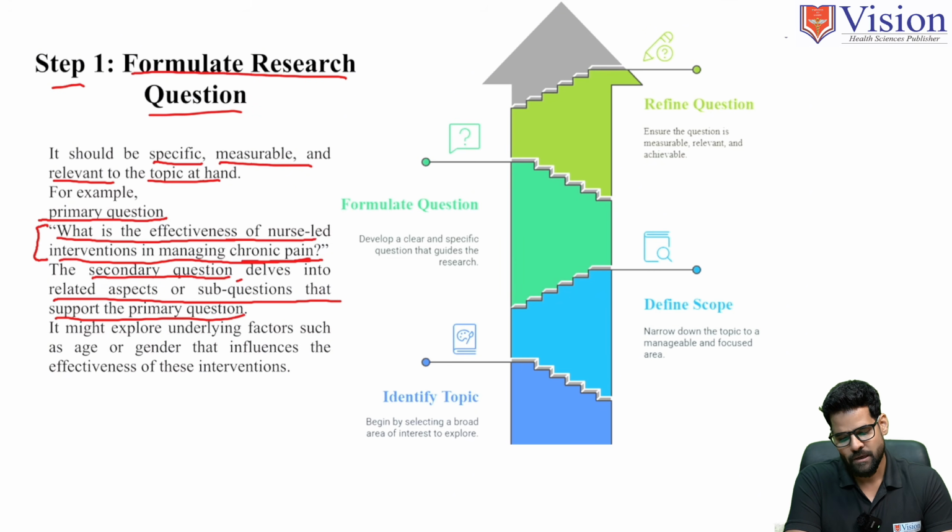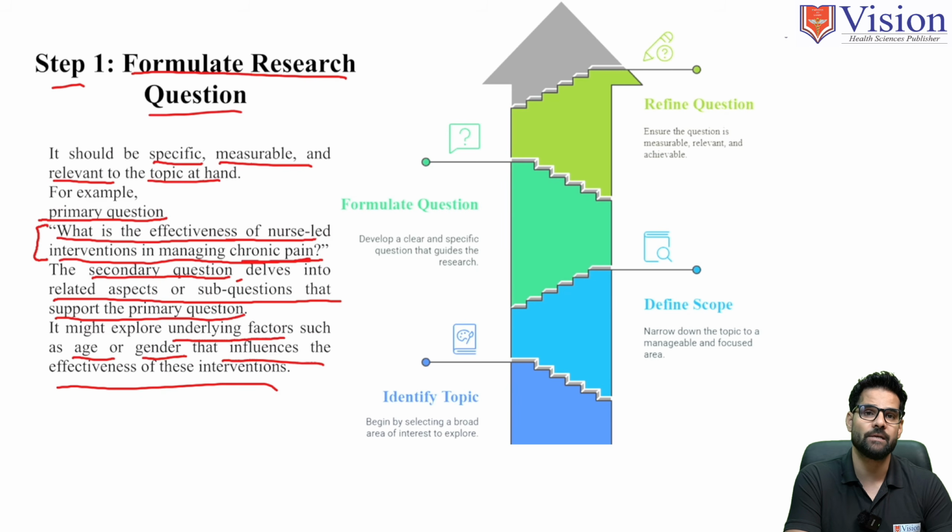It might explore underlying factors such as age and gender that influence the effectiveness of this intervention. Even though I just want to see the effectiveness of that intervention on pain, the intervention may vary or be affected by many demographic factors. So that is my secondary question.